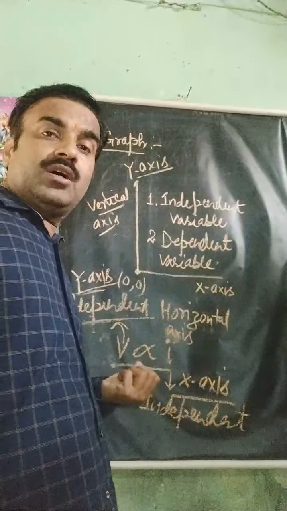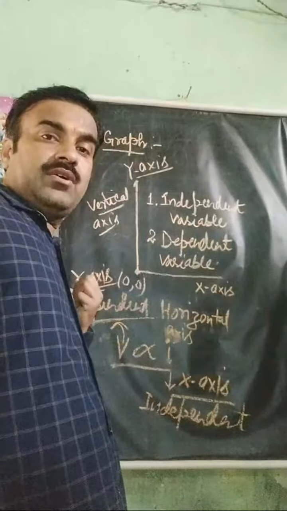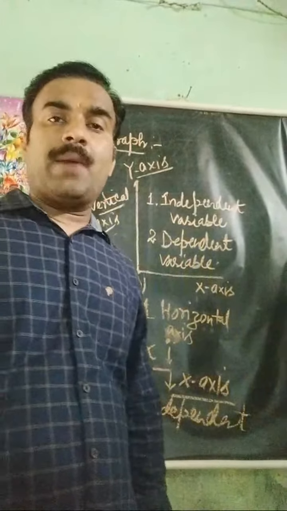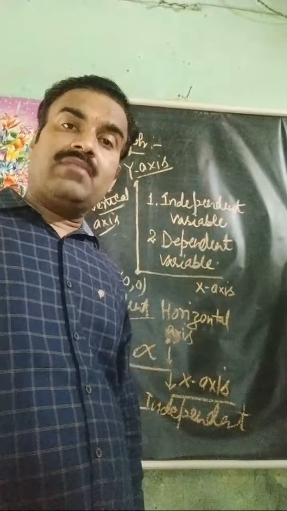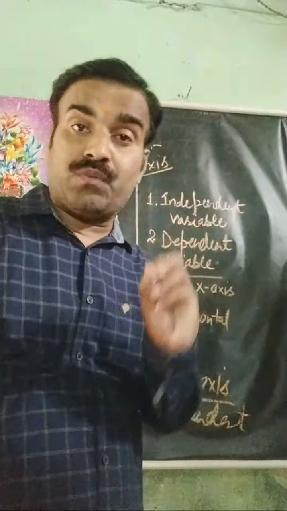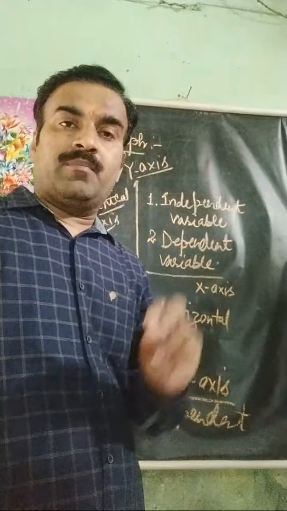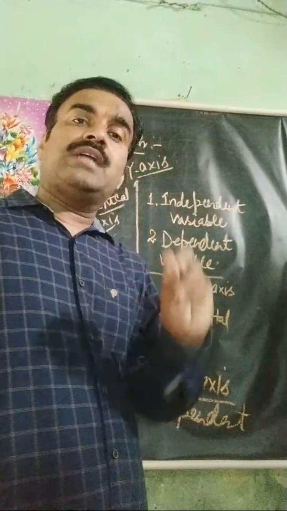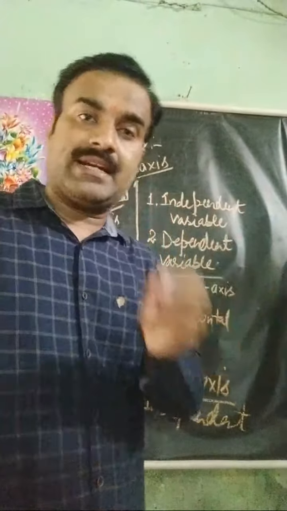Now if any formula, in the higher class as well as in this class, is given to you, and you have to find the dependent variable as well as the independent variable, then by this way you can choose which variable on which axis you have to take.